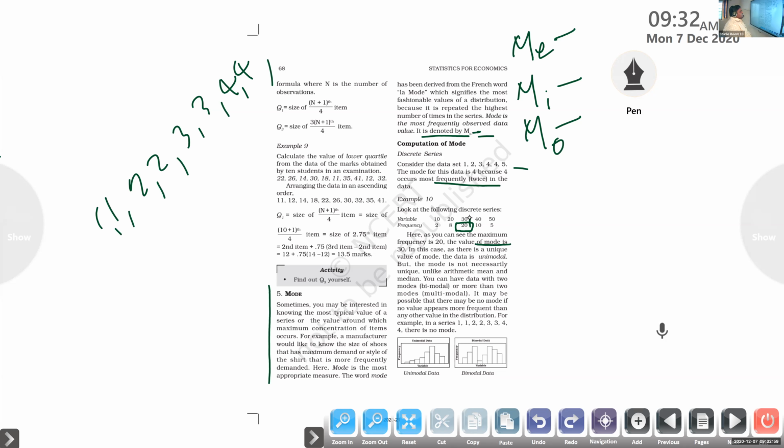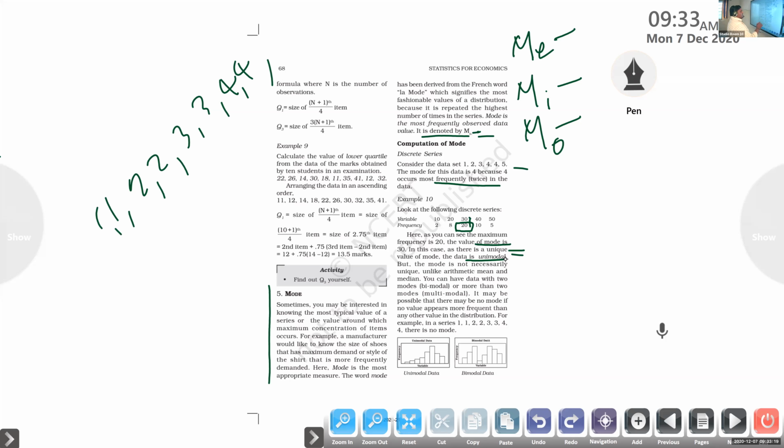In this case, as there is a unique value of mode, the data is unimodal. But the mode is not necessarily unique. Unlike arithmetic mean and median, you can have data with two modes.